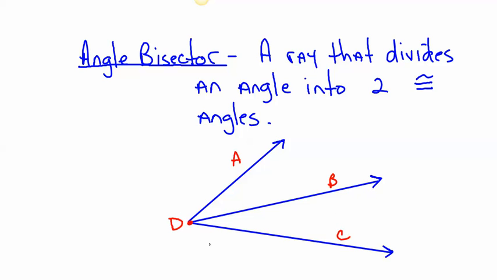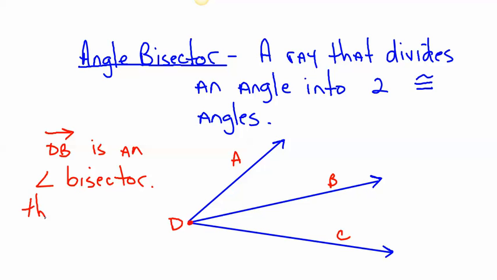If you're told that ray DB is an angle bisector, then you can say that angle ADB is congruent to angle BDC.